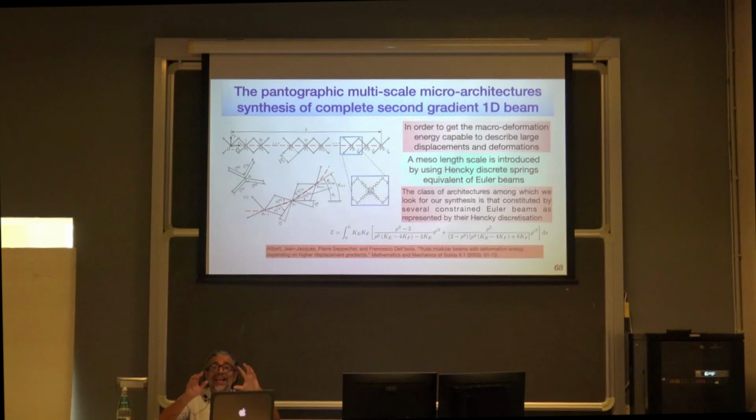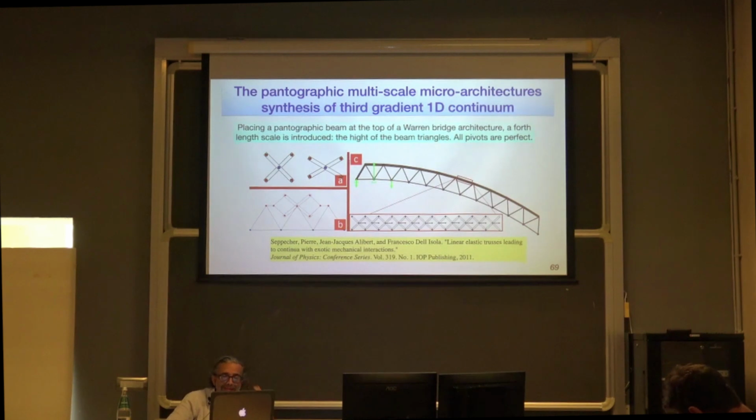Okay, so the class of microstructures, mesostructures, which we believe is suitable for doing the job is springs, rigid bars, at least for planar systems. Then I quickly tell you that we invented already third gradient beams.